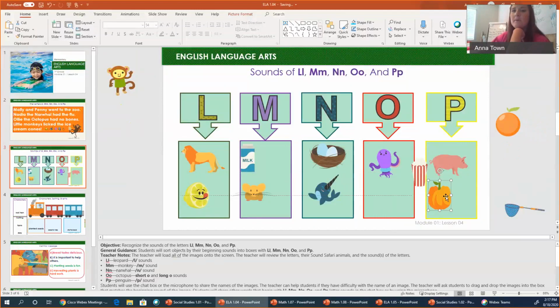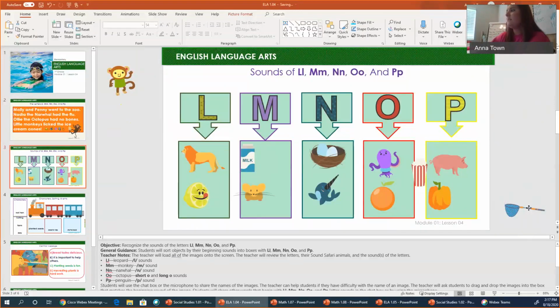P. Pumpkin. P. What about the picture of the orange? In the O category. Orange. Orange, you can hear the O, but it mostly is an R-controlled vowel. The R in orange is being dominant over that vowel.